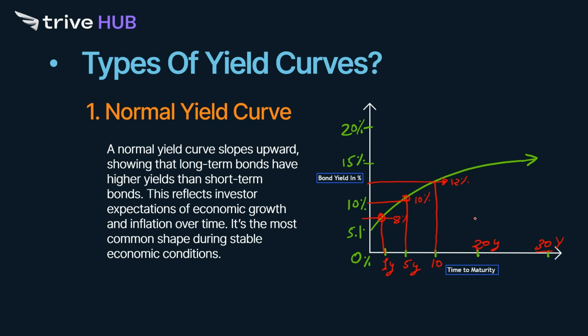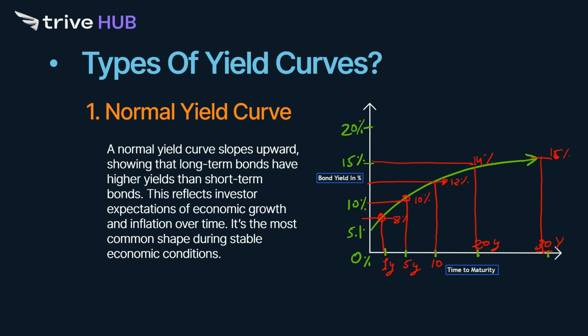You can see for 20-year bonds it is around 14 to 15% interest rate, and for 30-year it is around 16% or so. So you can see this normal yield curve is showing a stable economic condition.